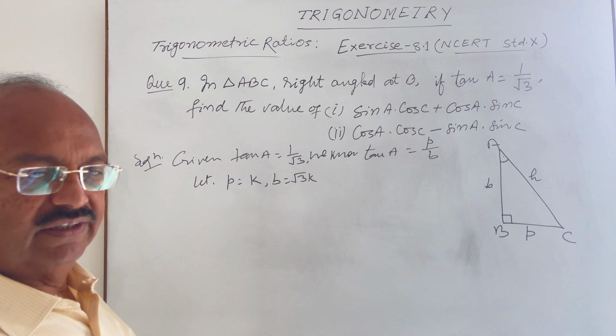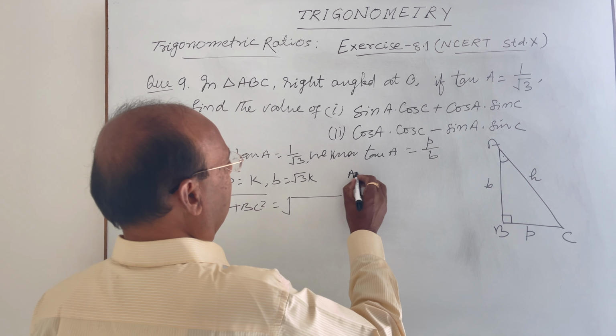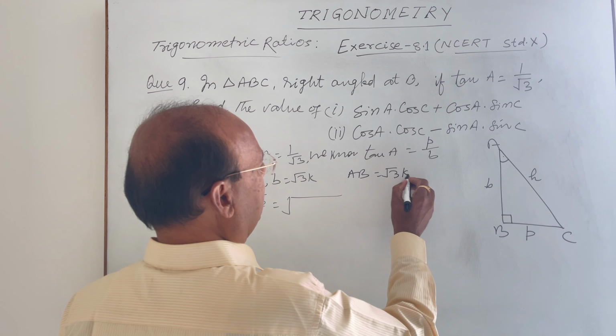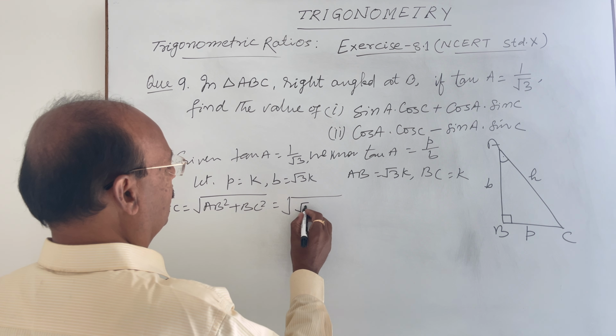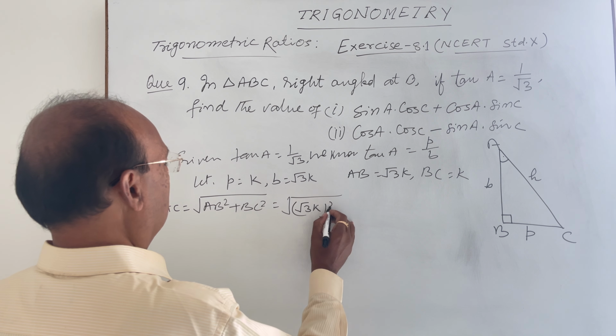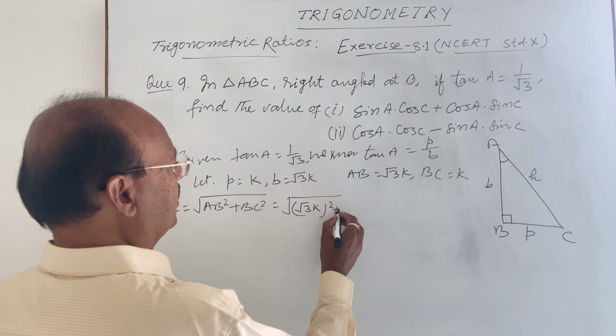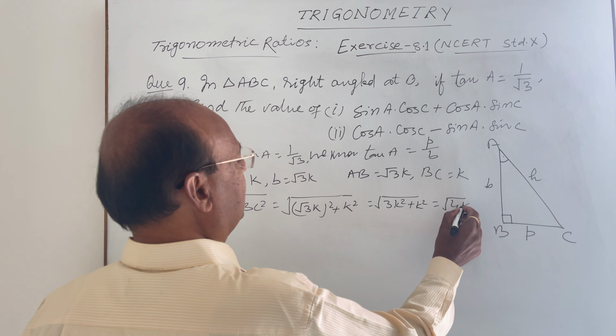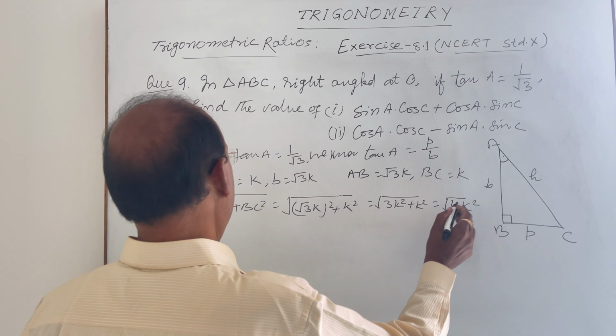We have taken AB is equal to root 3K and BC is equal to K. So AB square means root 3K whole square and BC square means K square. This is equal to root over 3K square plus K square, means root over 4K square, which is equal to 2K. So we are getting here AC is equal to 2K.